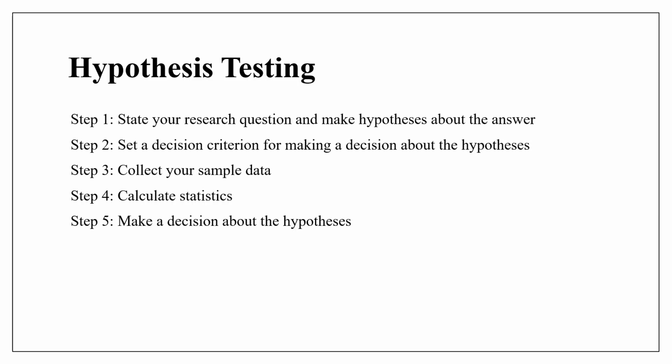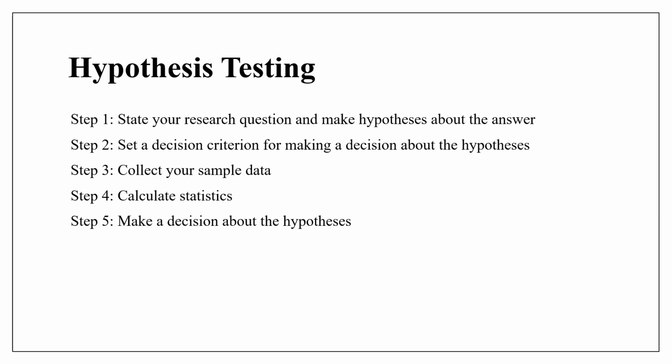The first step is always going to state a research question and make specific hypotheses. The second step is going to be to set a decision criterion for making decisions about the hypotheses. So again, here's where we're going to decide what kind of difference is going to be considered statistically significant and not just a simple difference that is the outcome of chance.